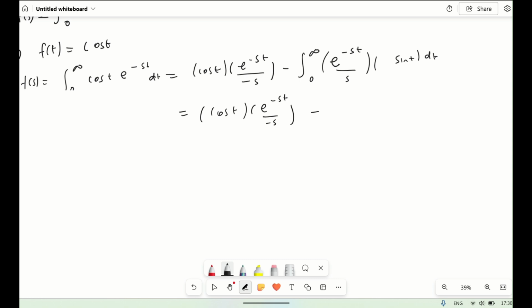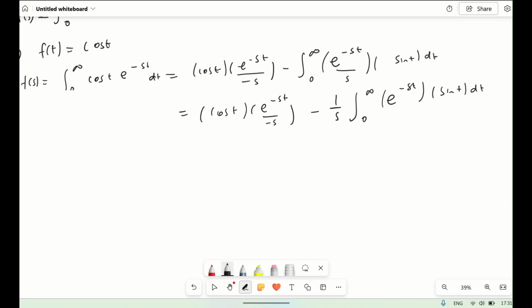I'm taking 1 over s as a common factor, 1 over s, because it serves as a constant. So it's going to be negative 1 over s, from 0 to infinity of e to the negative st, minus sine t dt.